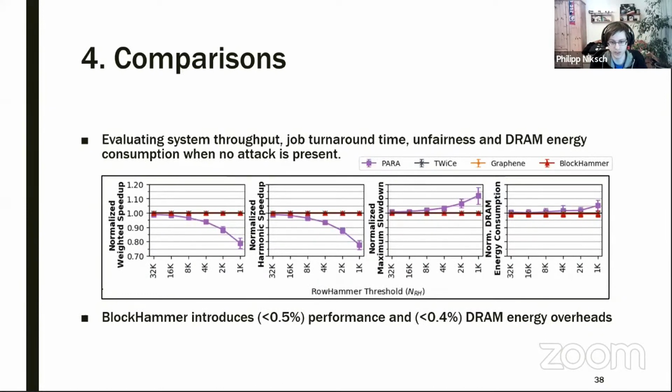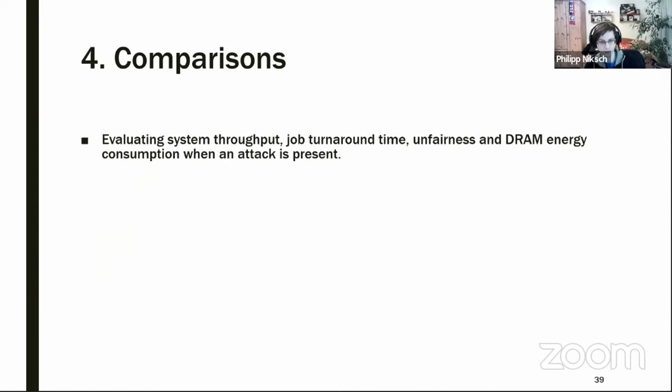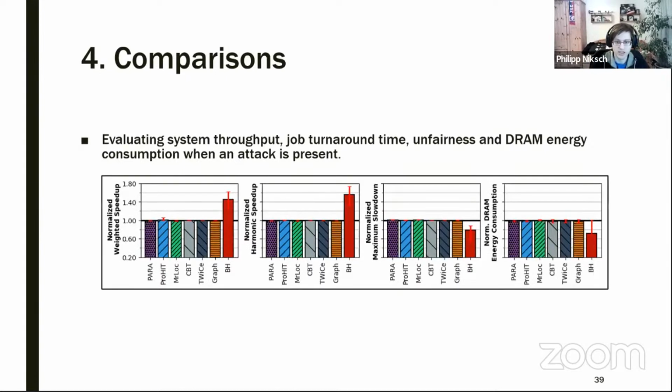We can also take a look at how the performance changes with increasing vulnerability. But as we can see, the performance overheads remain negligible, looking at the red line. Let's take a look at the performance when a RowHammer attack is present. As we can see, both performance and energy requirements improve compared to other techniques.